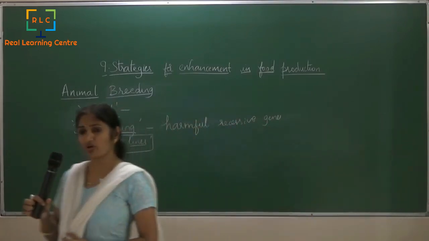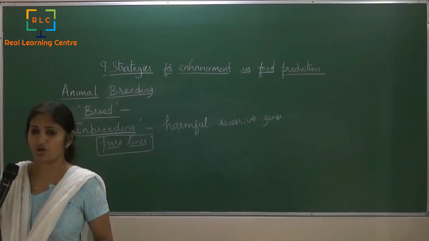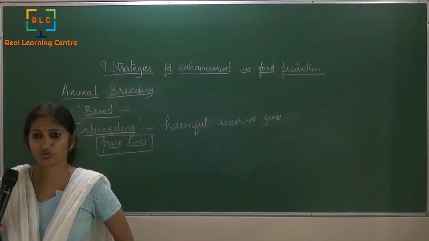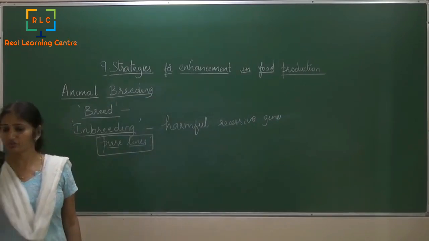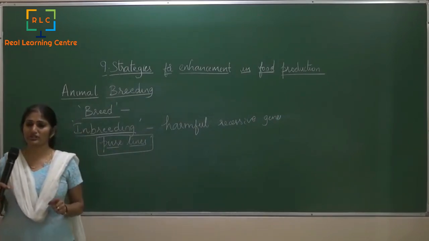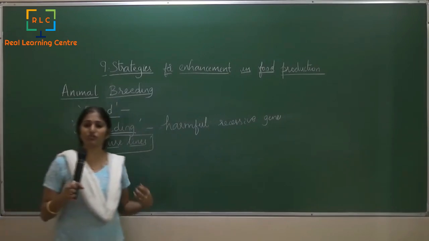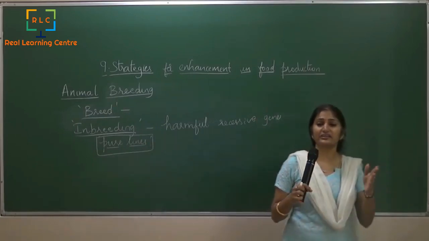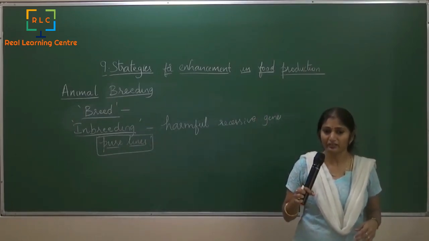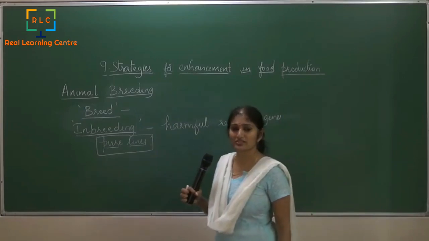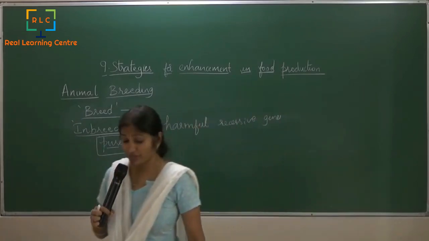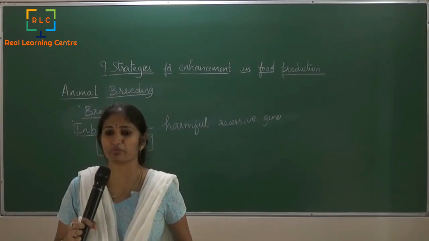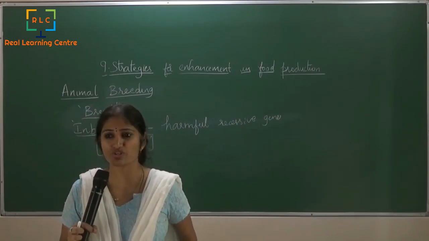Yes, so I want a gene for milk, or a gene for production of more sperms, muscle mass, so on and so forth. And therefore what we are trying to do here is, artificially, with the involvement of man's efforts, certain genes are increasing in number, and there is elimination of less desirable genes. Now if we keep on continuing this, what would happen to natural selection? That is the first question.